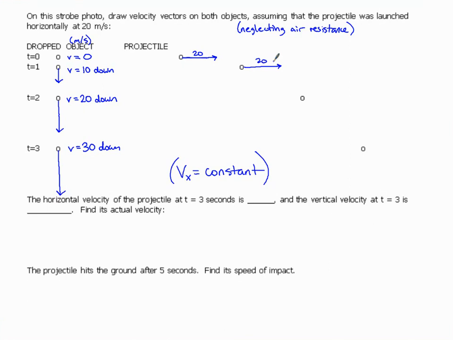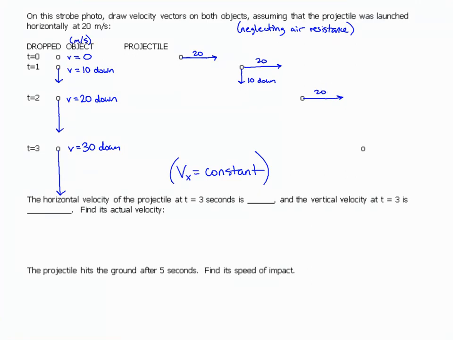But it's been flying through the air for 1 second, which means it has a vertical velocity. And that vertical velocity is 10 meters per second down. At time of 2 seconds, Vx is constant, which means it's still moving sideways at 20.